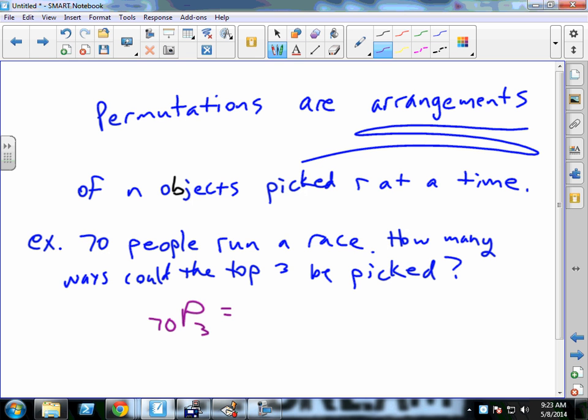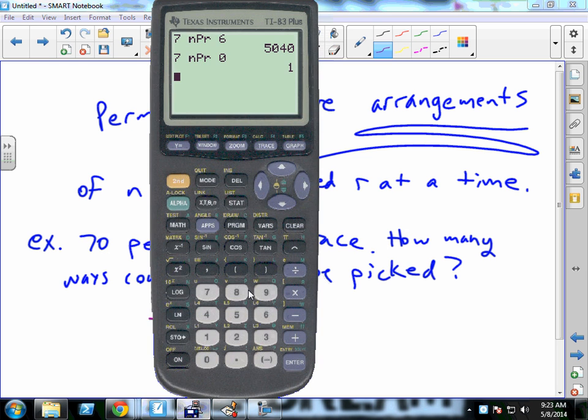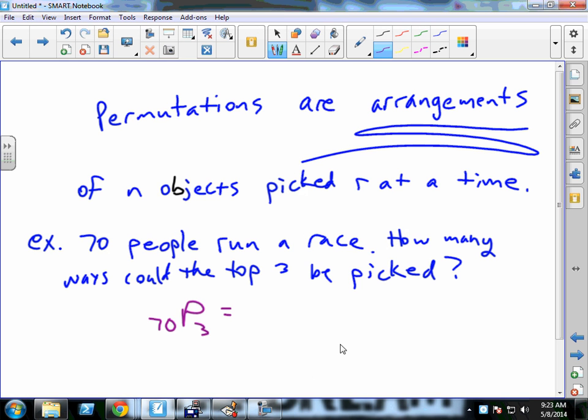Either calculator works. Let me use my TI-83: 70, math, permutation, choose 3 of them, and I get 328,440. How's everybody doing?